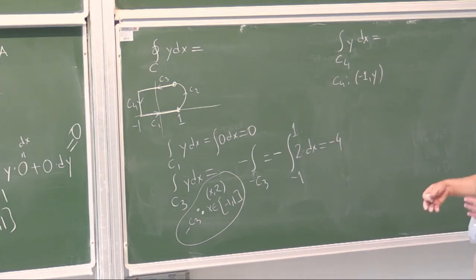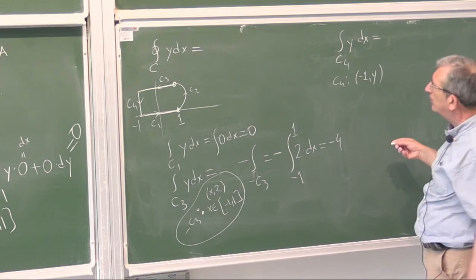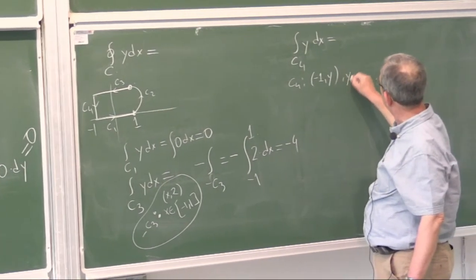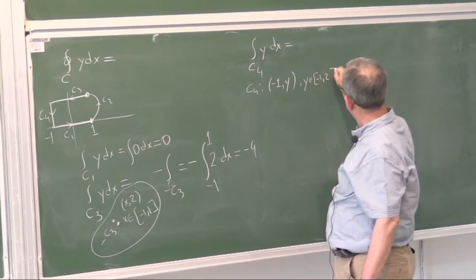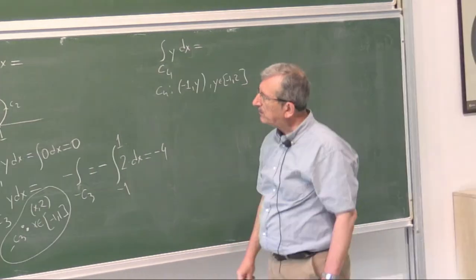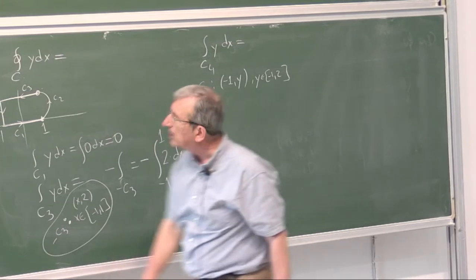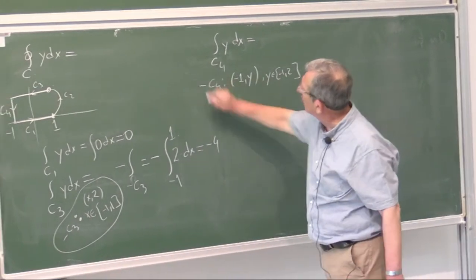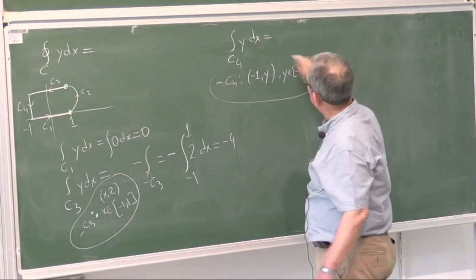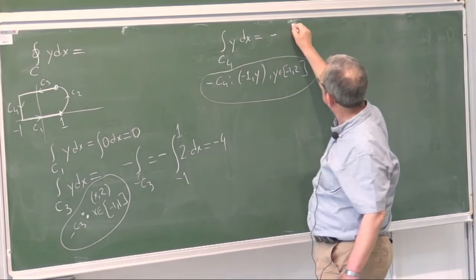Y changes from minus 1 to 2. But when y increases, this is traced in the opposite direction. So this is actually minus C4. So use this.